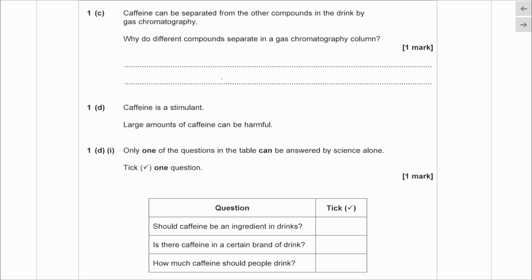That is known as the retention time, and each substance has a different retention time, and so they separate because different compounds have different, sorry about this handwriting, retention times.